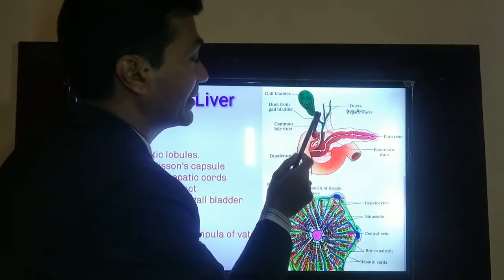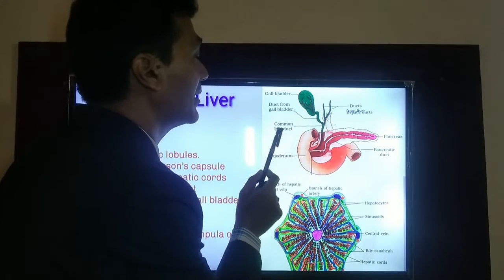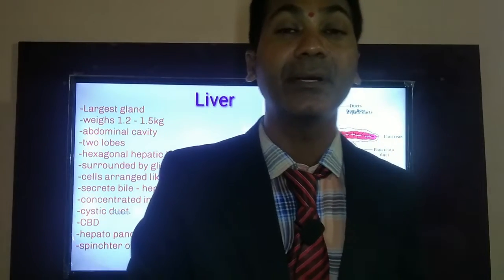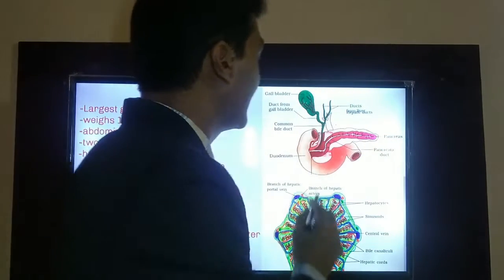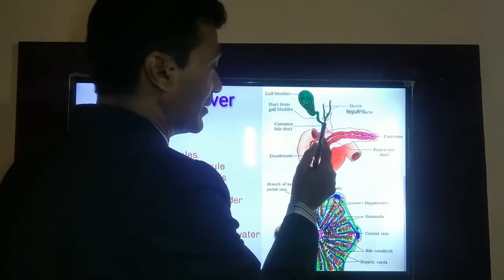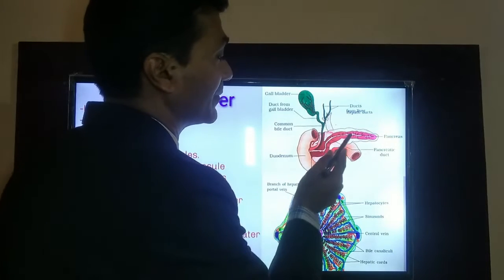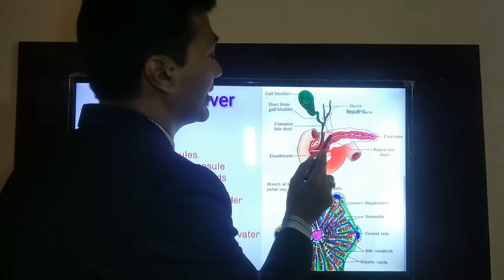This cystic duct and hepatic duct unite and form the common bile duct, CBD. Remember, the hepatic duct is different, the cystic duct is different, and the bile duct is different. This common bile duct is attached to the pancreatic duct. Already the pancreas is there, and the pancreas releases pancreatic juice.